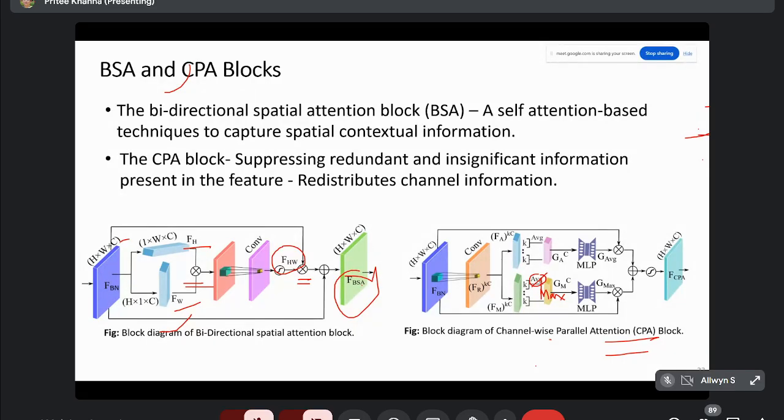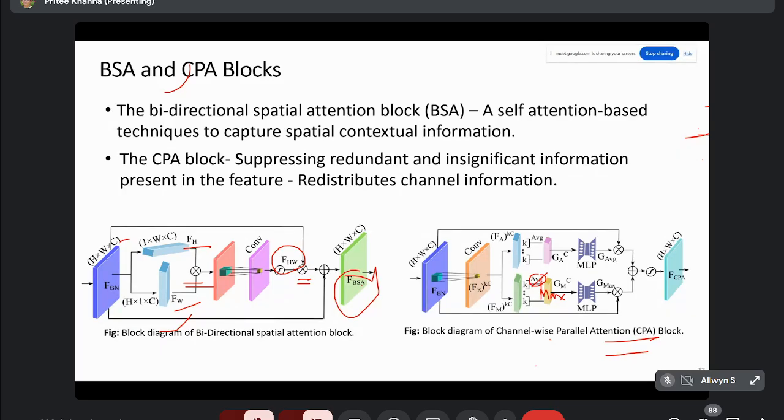So we want to save on the computation side. We want to remove, or suppress, this redundant information present in the feature maps of the backbone network. And so this CPA block redistributes the channel information by paying more attention to channel features having disease specific information.